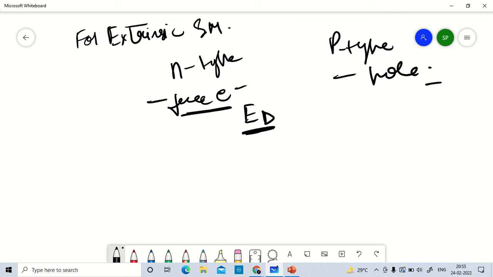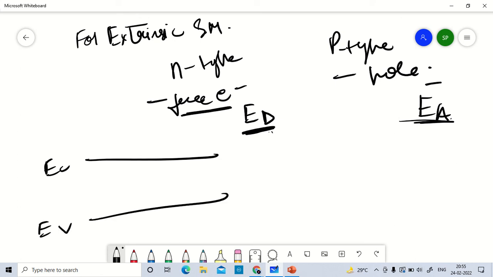But for this free electron, the donor impurity level, and for this hole, the acceptor impurity level, they are lower. So when we draw for n type, this is EC and this is EV, conduction band and valence band. For n type, when T is greater than 0 Kelvin, of course, the intrinsic ones are also going up, crossing and going up.